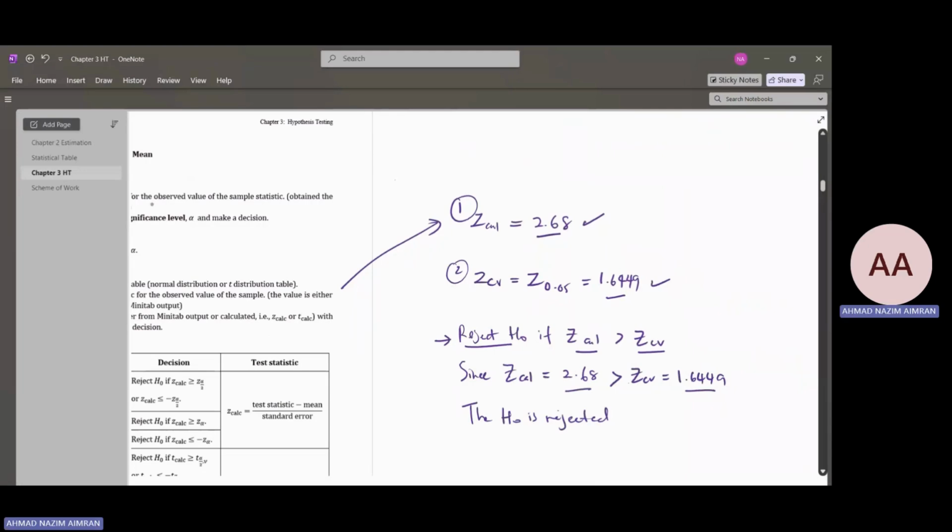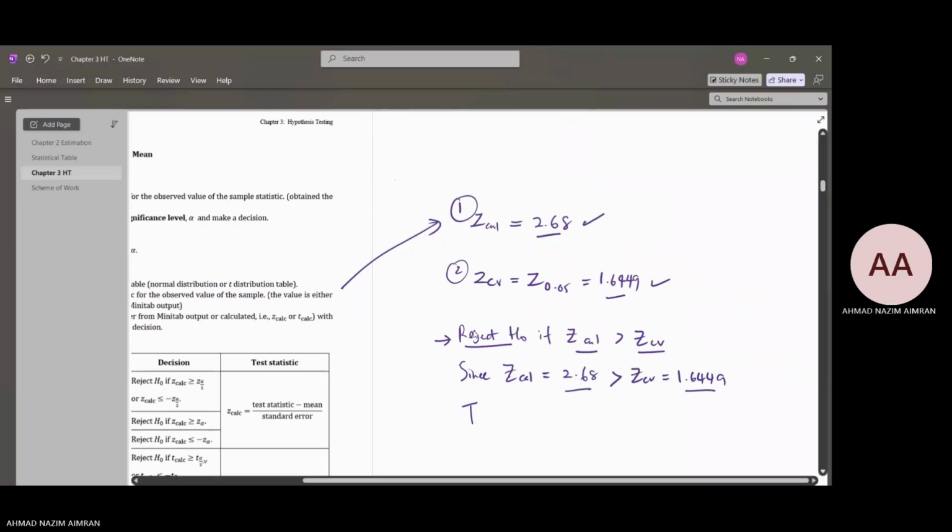Or you can make it simpler, just write down reject H null, because this value is greater than this value.